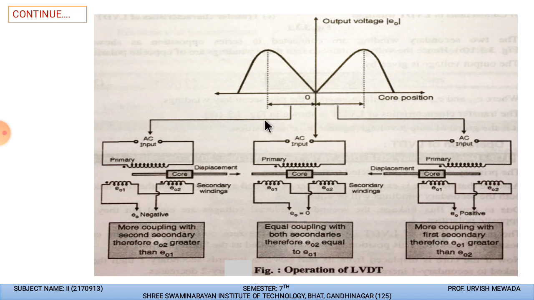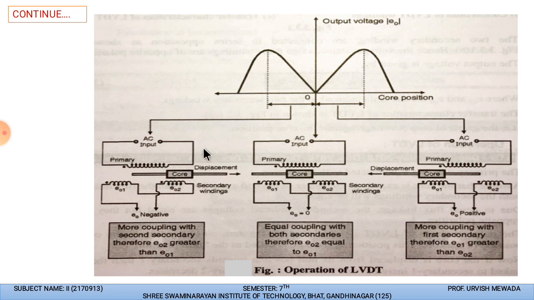Now if we move the core in this direction, the right direction, you can see that E02 has the maximum portion of the core in front of it. So E02 is greater than E01. At that time we can say that this is the negative displacement.